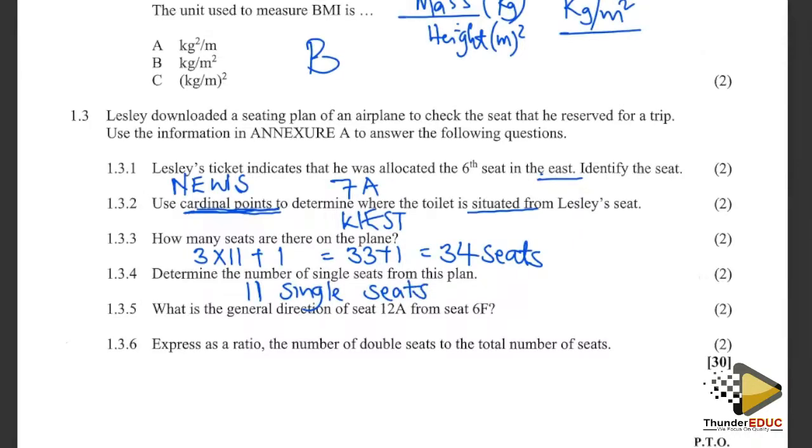What is the general direction of seat 12A from seat 6A?